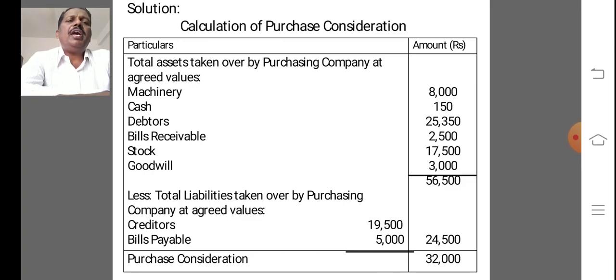So how do you get PC? We deduct total liabilities taken over from total assets taken over by the purchasing company. 56,500 minus 24,500. The purchase consideration is 32,000.